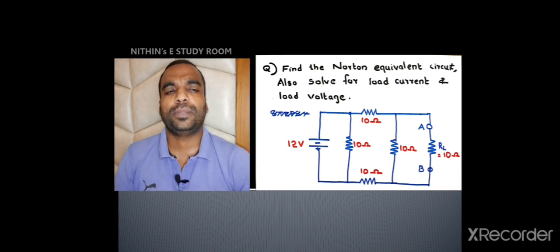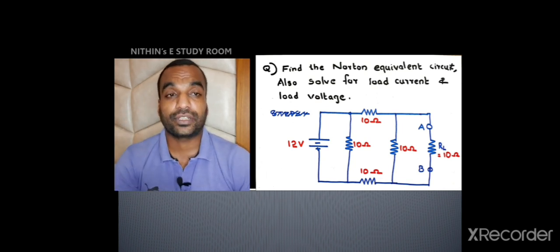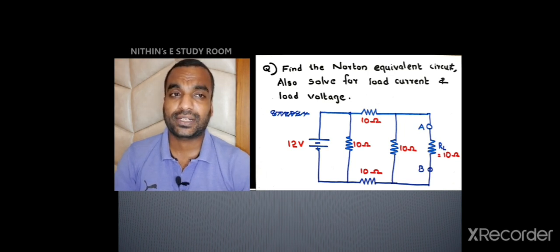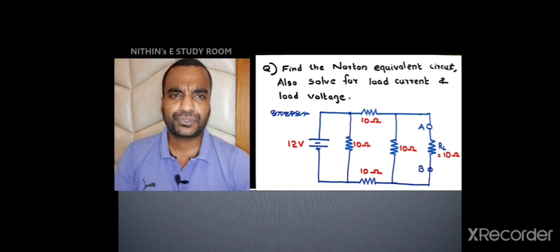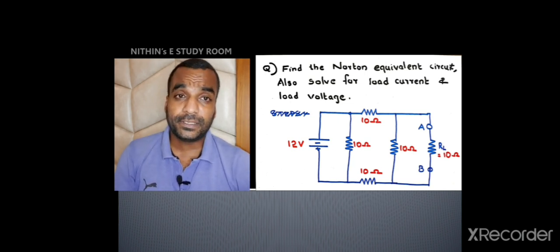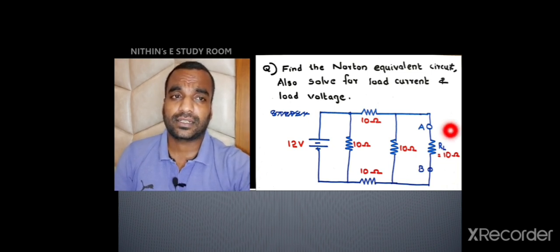But in this problem, the load resistor is directly marked in the figure itself, and the name of that load resistor is RL, load resistance RL, and terminals A, B are also directly marked in the figure. So you can simply identify the load terminal, and you can simply make the circuit open by removing that RL. So this is the RL. This is the load resistance.